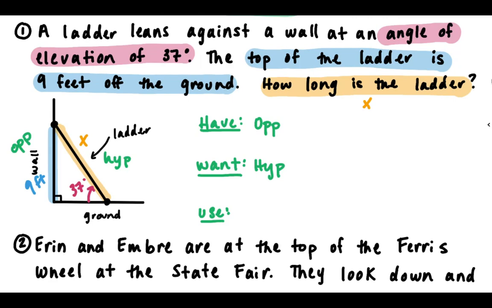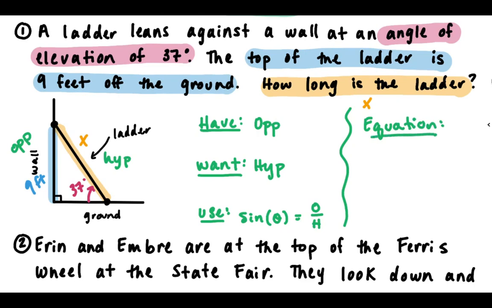All right, to figure out which trig ratio we want to use, you want to think about SOHCAHTOA. So hopefully you came up with, we want to use sine. So sine theta is opposite over hypotenuse. Okay, then how do we set up our equation?